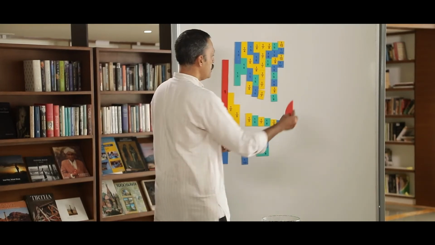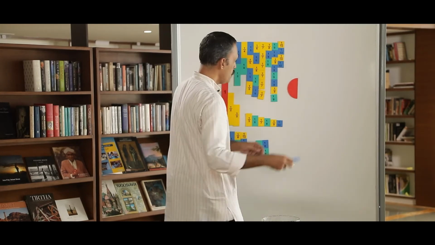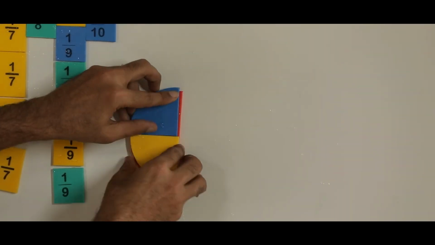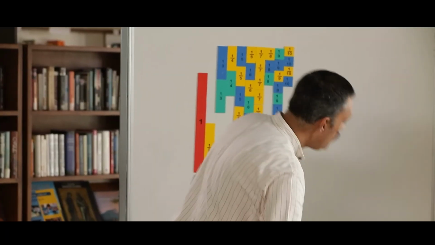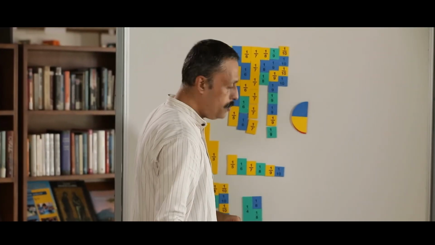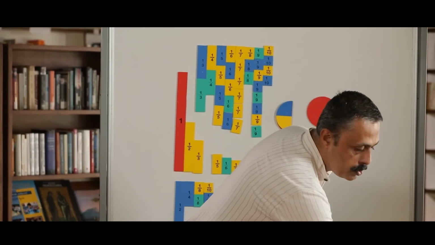The same thing can be shown in this way also. We have already seen this. 1/2 is equal to 2 quarters. When does it become a quarter? The full object gets split into quarters.